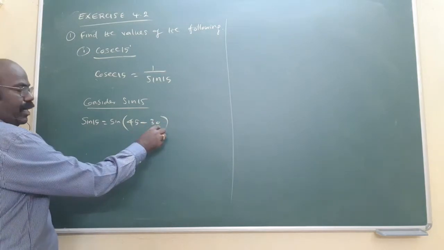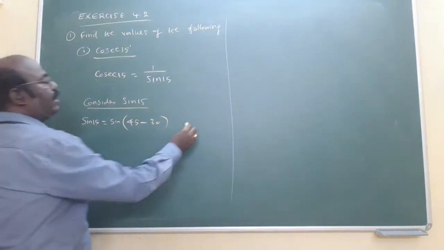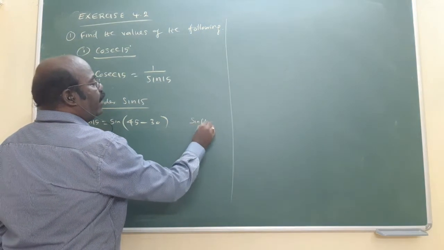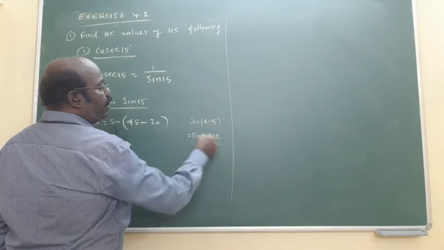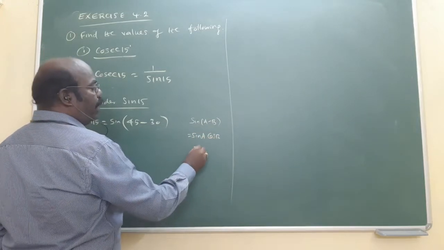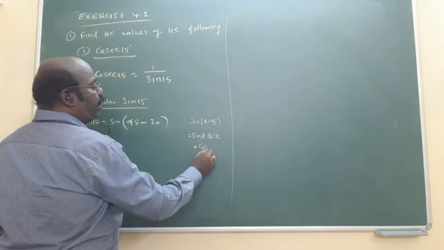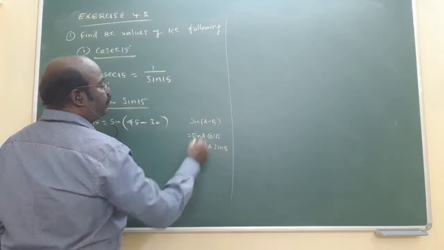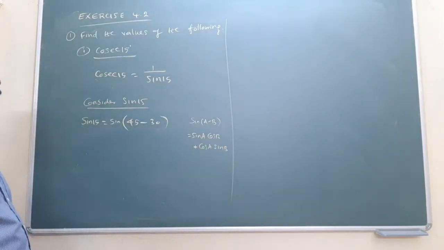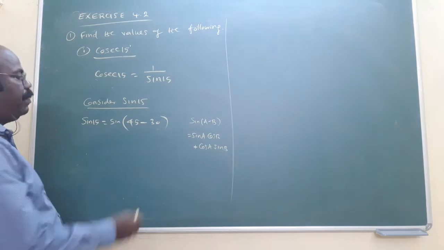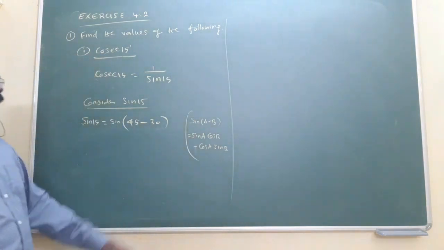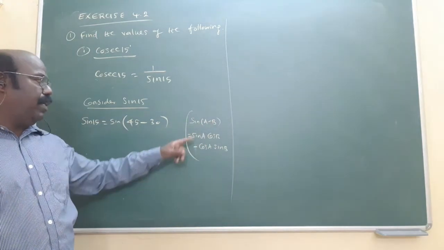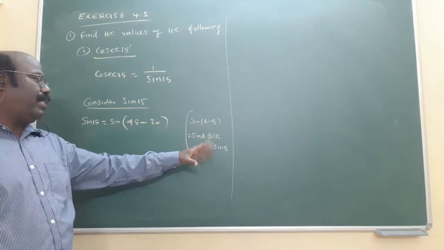It is of the form sin A minus B. The formula is sin A minus B equals sin A cos B minus cos A sin B. Plus means plus, minus means minus in the formula.